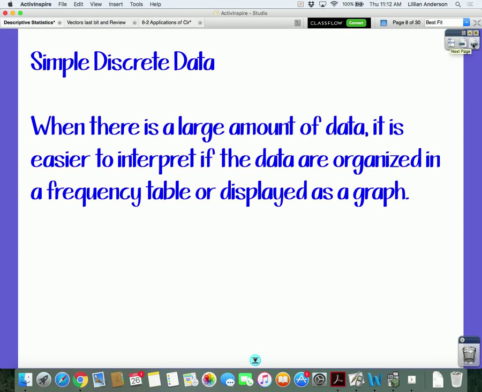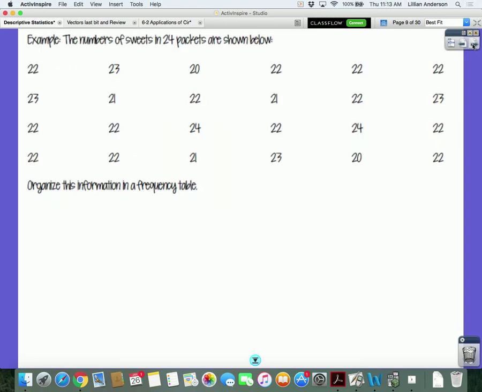All right, simple discrete data. We're actually going to get into some math here, okay? When there is a large amount of data, sometimes it's easier to interpret if the data is organized into a frequency table or displayed as a graph, okay? So, a frequency table is basically a table that outlines all of your data nice and neatly, okay?